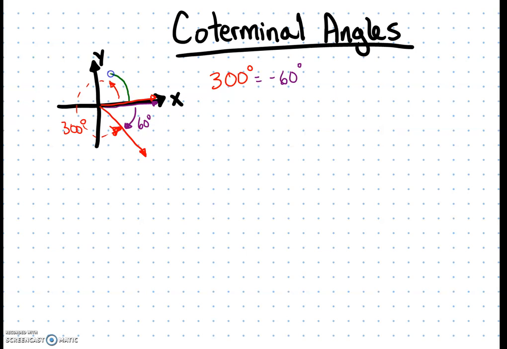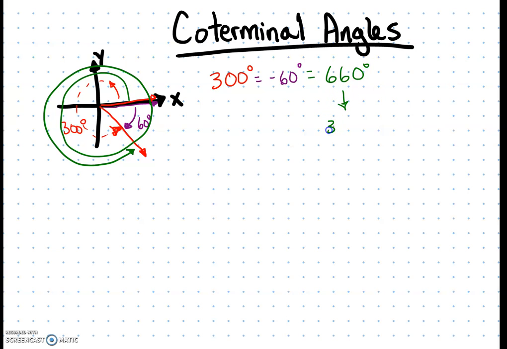Instead of traveling around the circle once, let's go all the way around a 360 and then go another 300 degrees. If we think about how far we've gone, we've traveled 360 degrees and then another 300 degrees. So we've traveled a total of 660 degrees.